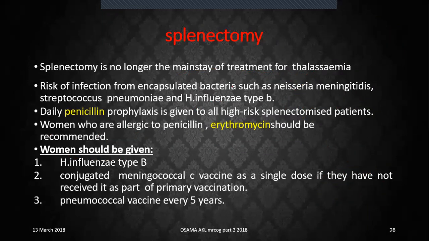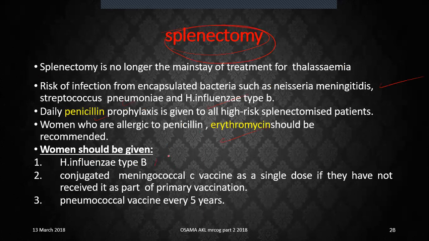What about cases with splenectomy? As we said, its role is regressing with time because it has complications like increasing the risk of gonococci, pneumococci, and Haemophilus influenzae type 2. So if a woman had splenectomy, we have to give antibiotic prophylaxis against these infections. We can give penicillin or erythromycin to protect against pneumococci and Neisseria.